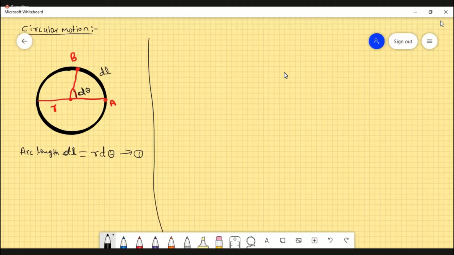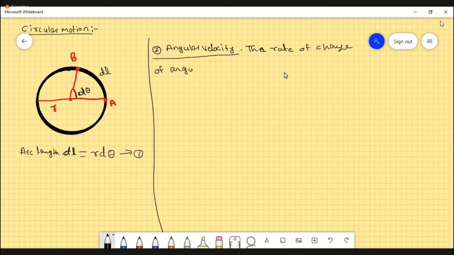Next one is angular velocity. What is angular velocity? The rate of change of angular displacement. Angular velocity is represented with omega.